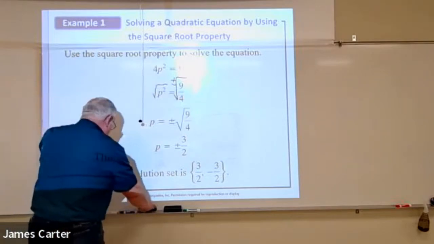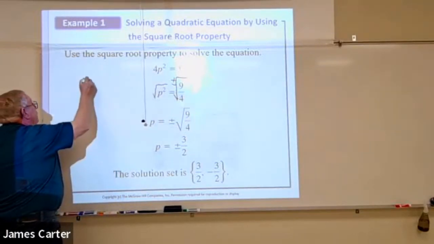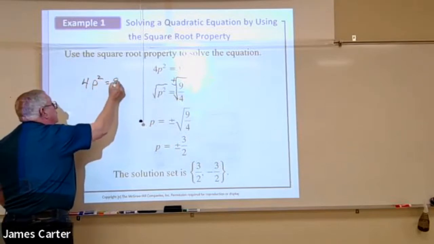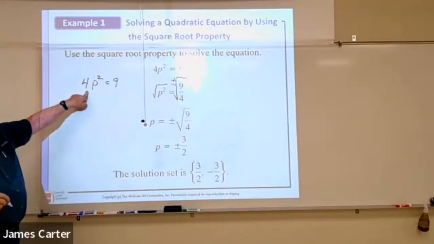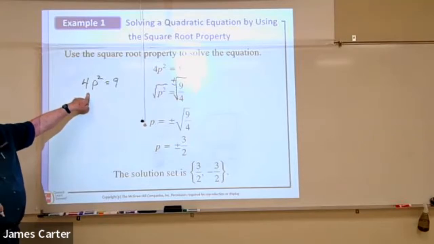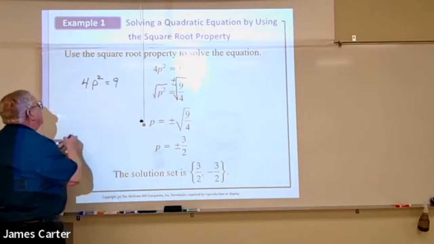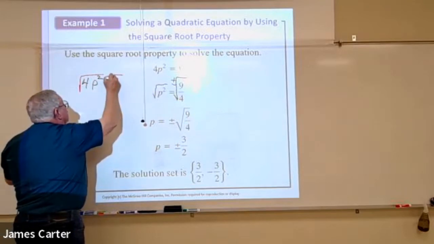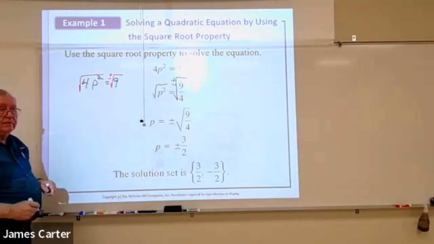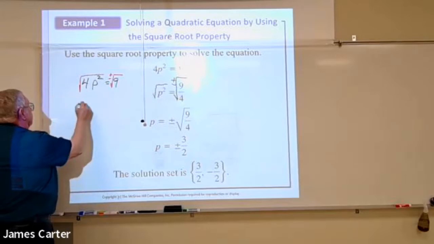Now, let me show you how I probably would have worked this problem. If I had this problem, 4p squared equals 9, since that is a perfect square, and only if it's a perfect square, I would just leave it there for the moment. Then, as my next step, I would take the square root of all of that and the square root of this, plus or minus. Well, what's the square root of 4? 2.